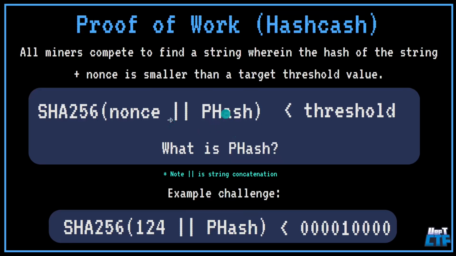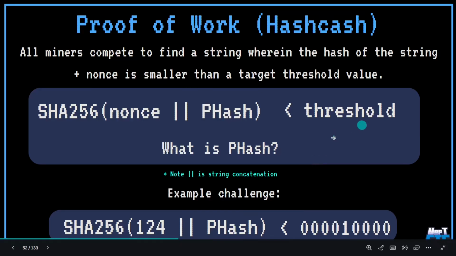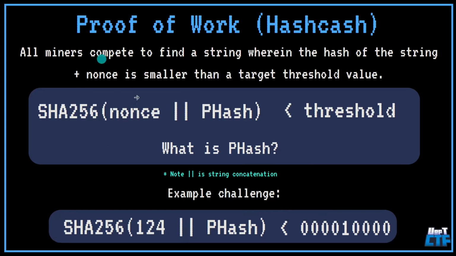So they need to find an input to a hash that is smaller than a given value, let's say, smaller than 10,000. And you can't reverse a hash, so you have to try every single input repeatedly, on and on, until it's smaller than a given threshold. So this is the Hashcash.